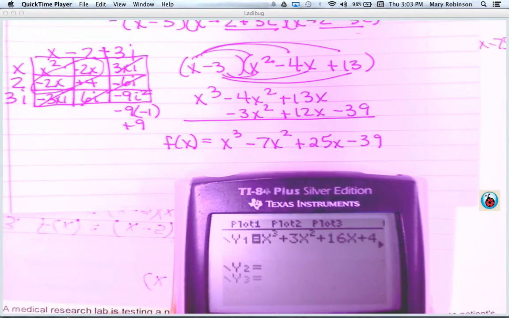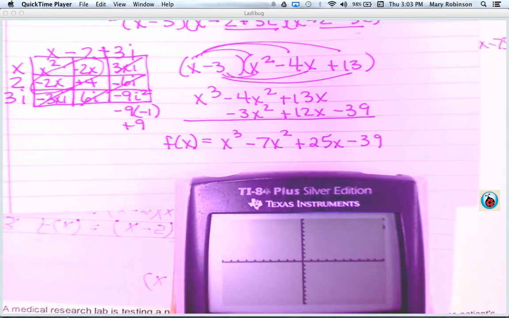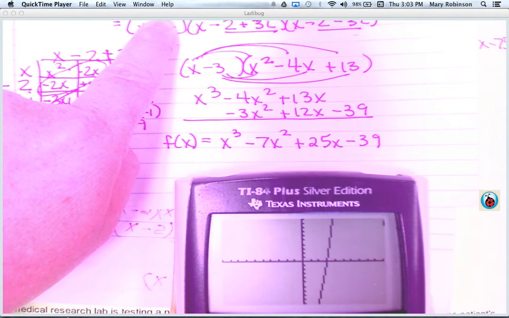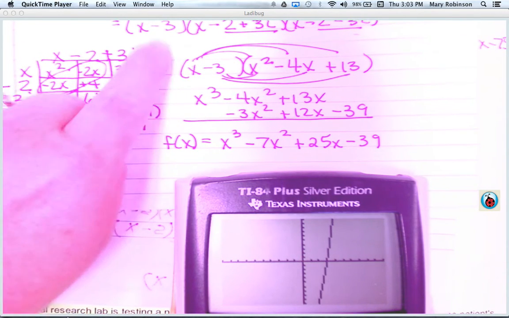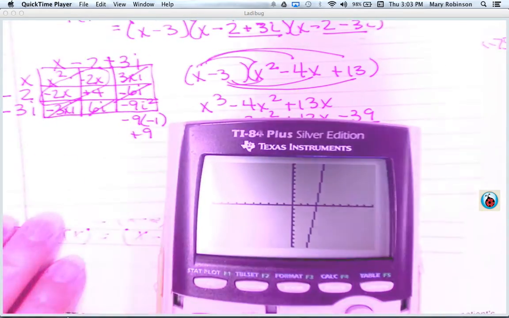I'm going to check it. x to the third minus 7x squared plus 25x minus 39. And we should hopefully see it cross just at positive 3 because that's our real value, x minus 3 was our factor. So looks good.